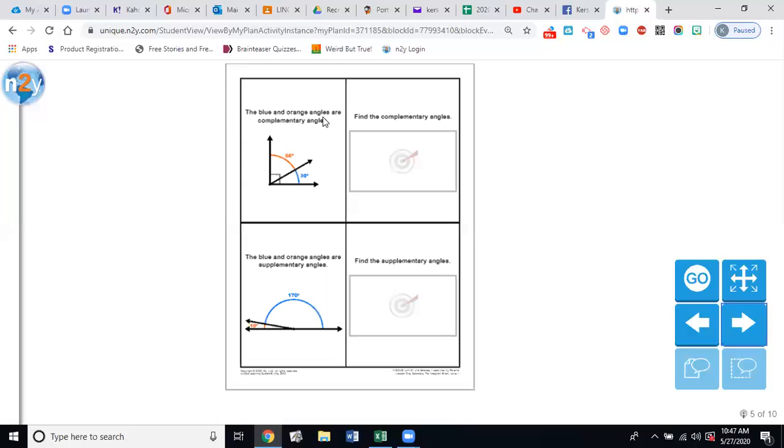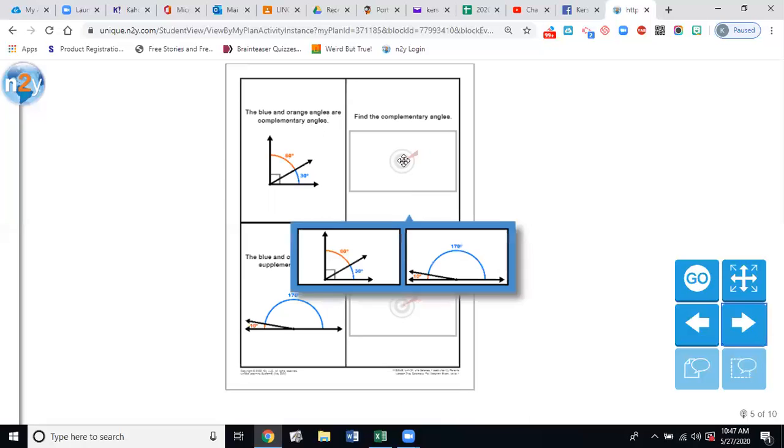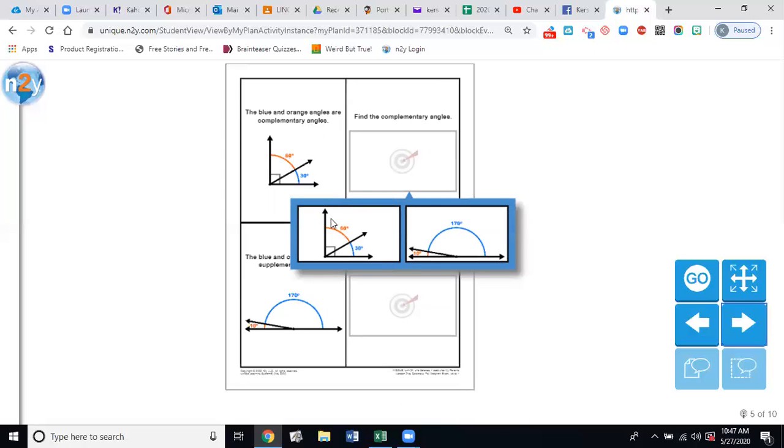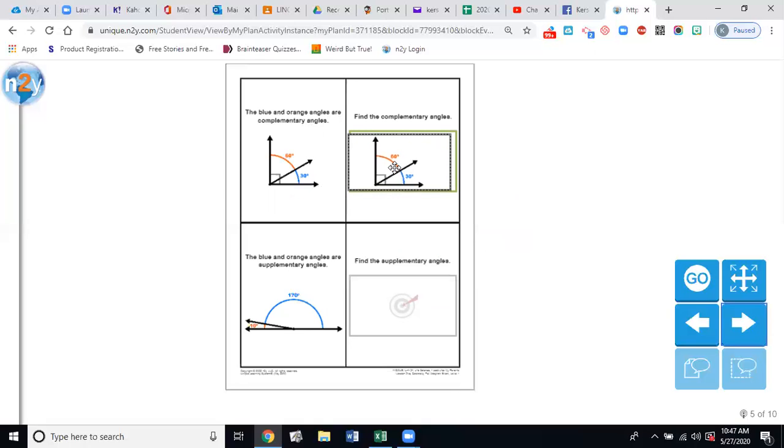The blue and the orange angles are complementary angles. Complementary, remember, adds up to 90 degrees, 60 plus 30. And this is what we're looking for right here, this right angle that adds up to 90 degrees. The blue and the orange angles are supplementary angles.